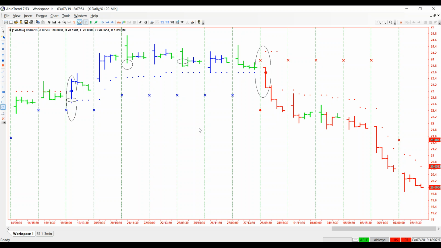Let me try and do something here. Okay, it's saying it's working okay on this end, so let me know. Does it seem to be a little bit better now?